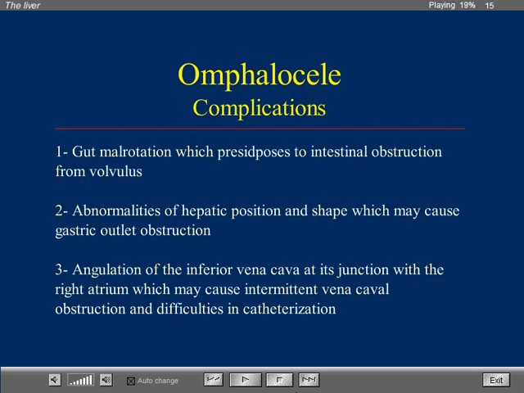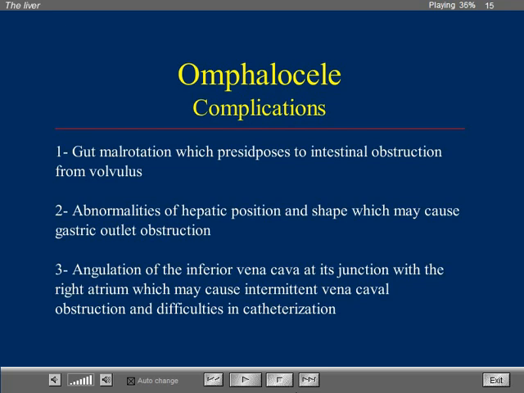That's why it rose all the way to the right dome of the diaphragm. And on relocating the liver into the abdominal cavity, this patient was left with a markedly developed left lobe and a hypoplastic right lobe of the liver. In addition, there were other anomalies, as we have described, of the kidneys and of the adrenal gland.